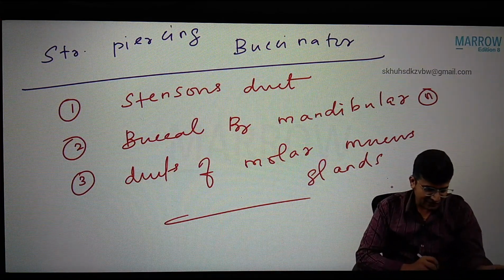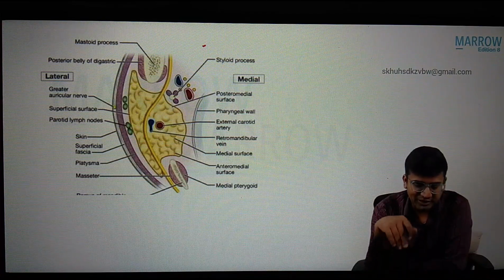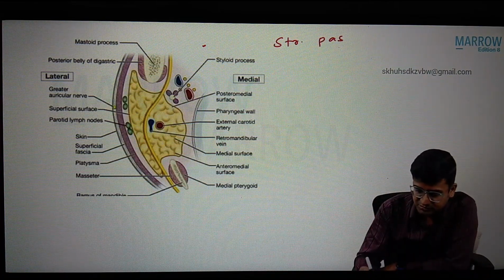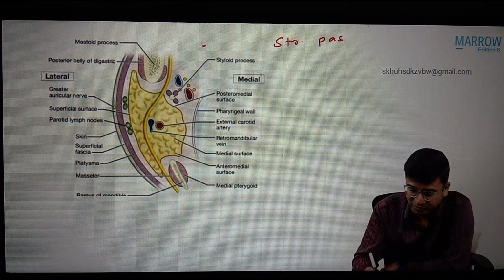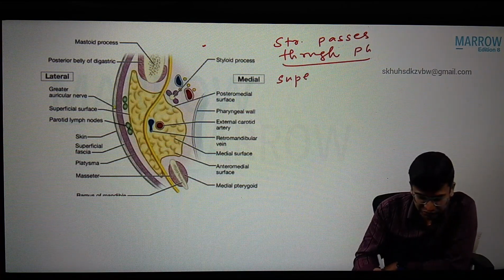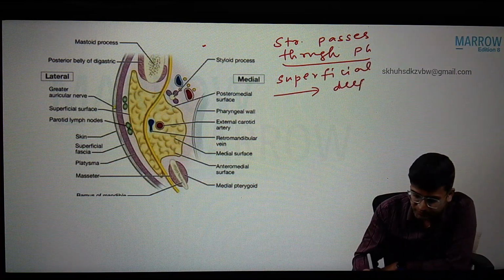Okay. Right. So now what are the structures which pass through the parotid gland? Again, you have to know in sequence, superficial to deep.